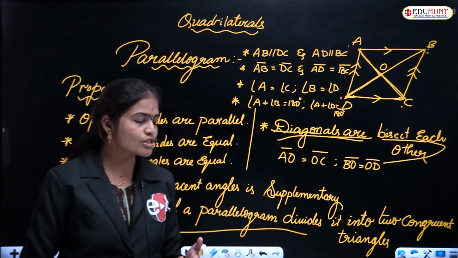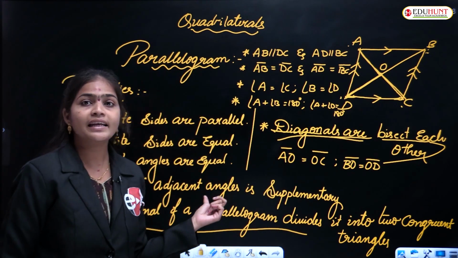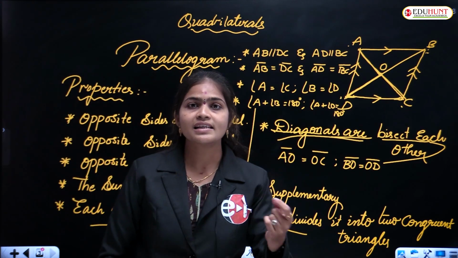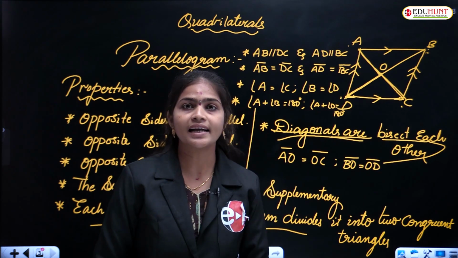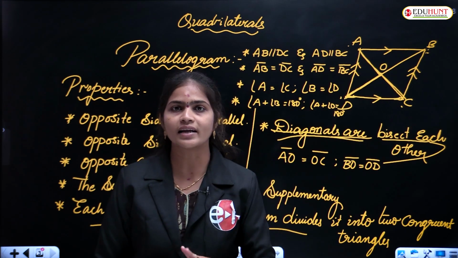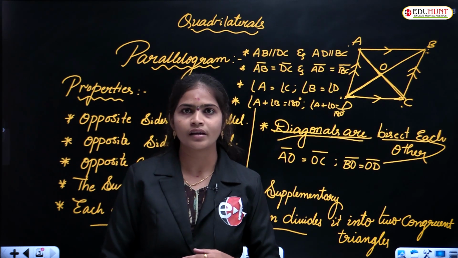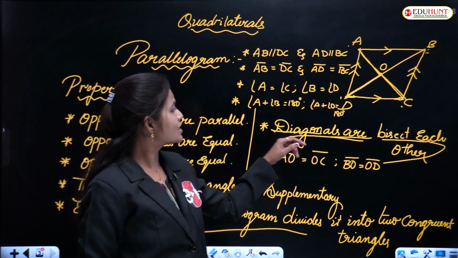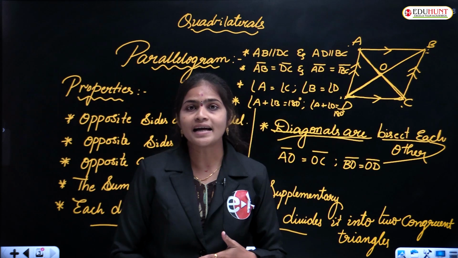And the next, fifth point is, if in a quadrilateral each diagonal divides the quadrilateral into two congruent triangles, then we will call that quadrilateral a parallelogram. And come to the last point, the diagonals bisect each other.